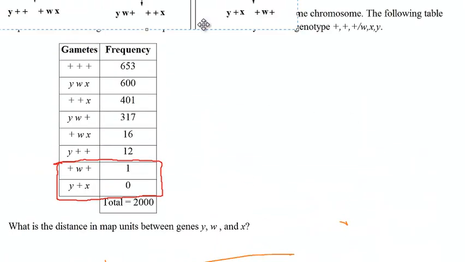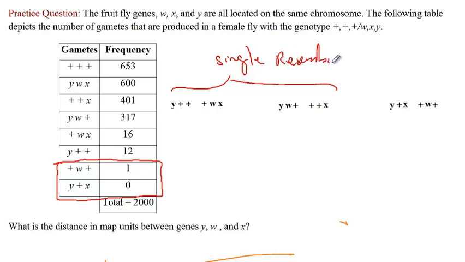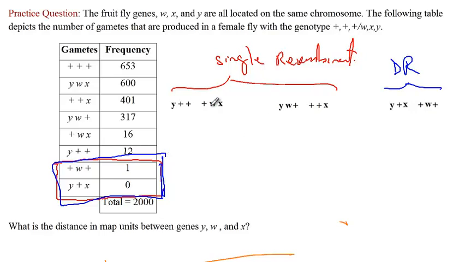Now referring to this table, let's find out what each one of these are adding up to. So the very first 4 are single recombinants, while the last 2 are double recombinants, and we just figured that out at the beginning of this lecture. Okay, so how many Y plus plus gametes do we have?